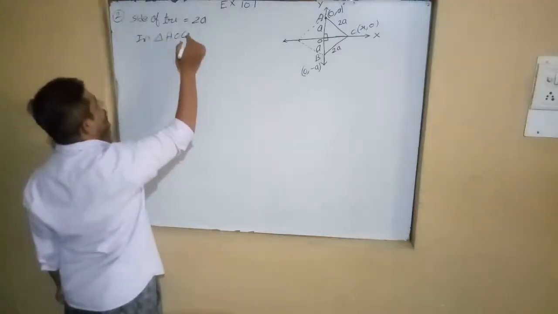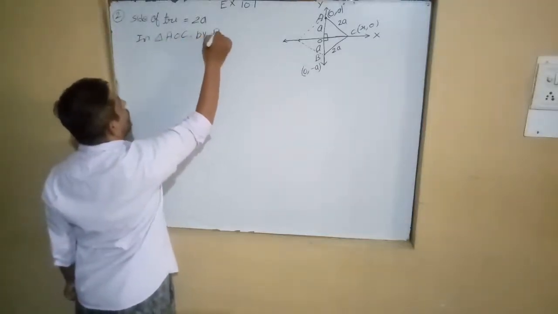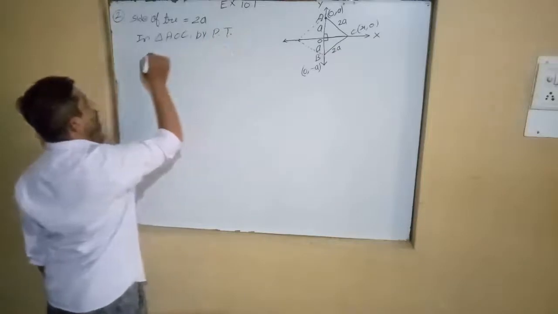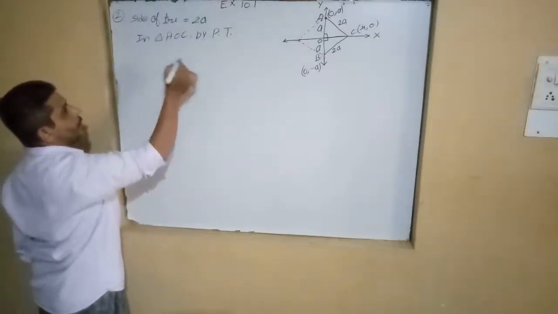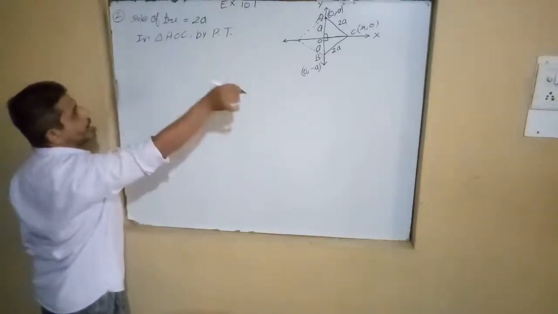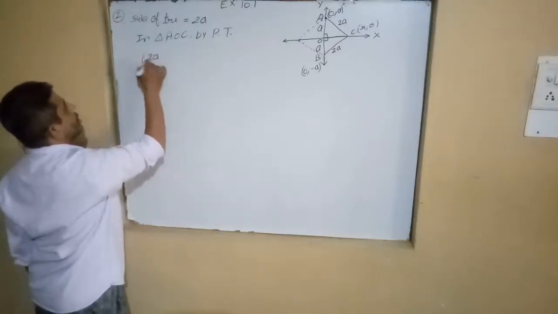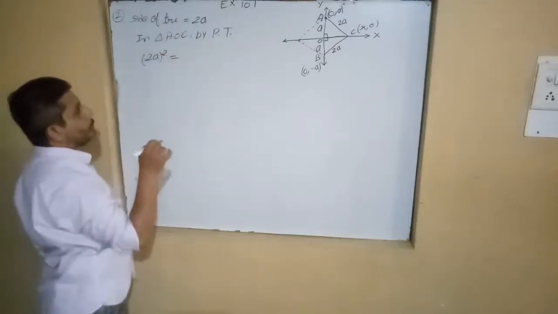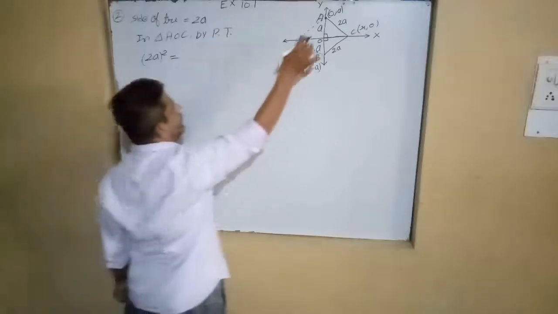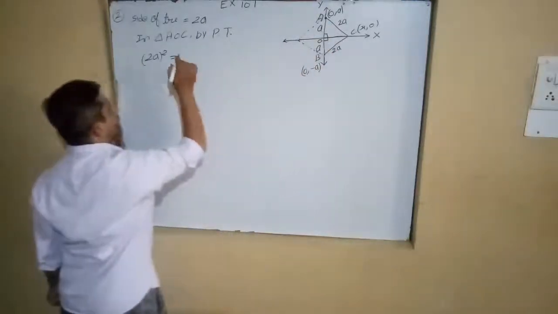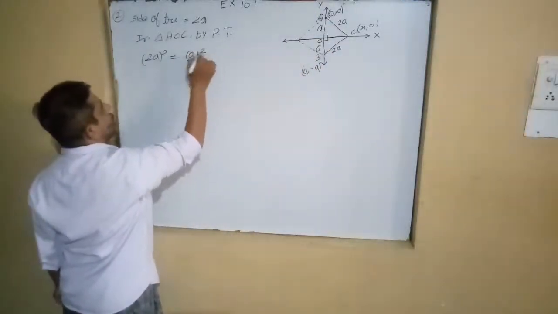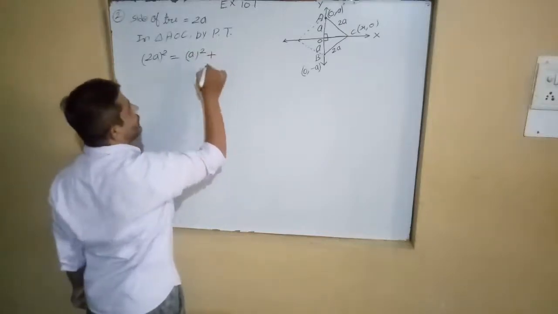So in triangle AOC, by Pythagoras theorem: hypotenuse squared. What is the hypotenuse here? AC, and the value of AC is 2a, squared, is equal to perpendicular squared. The perpendicular in the triangle is AO, and the value of AO is a, plus base squared.